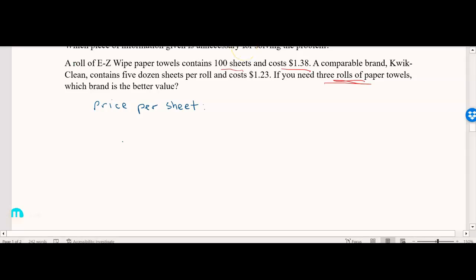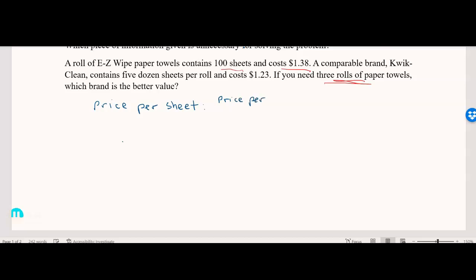But to know which one is the better value, you want to find out the price per sheet. Okay, so how are we going to do that? Well, we're going to take the price per roll and divide that by the number of sheets. That's going to be our formula. So we're going to look at the price per roll divided by the number of sheets.